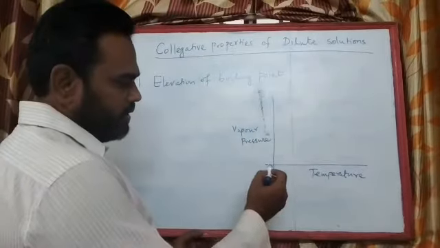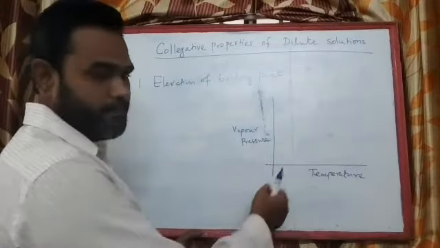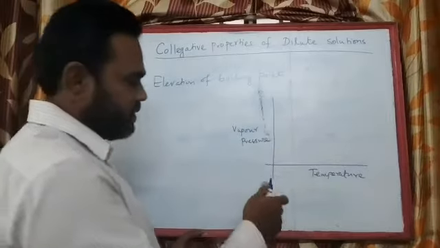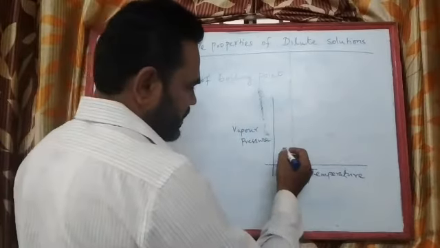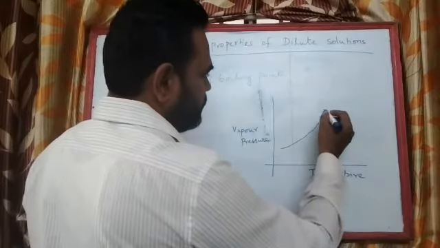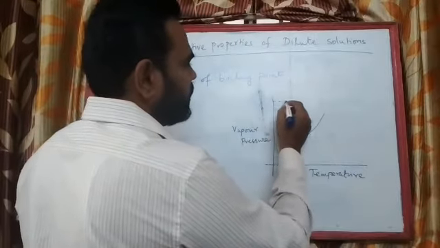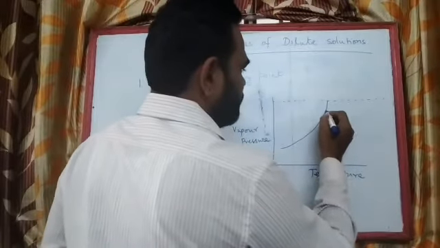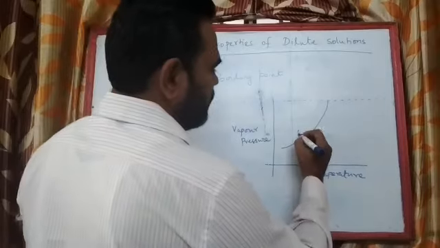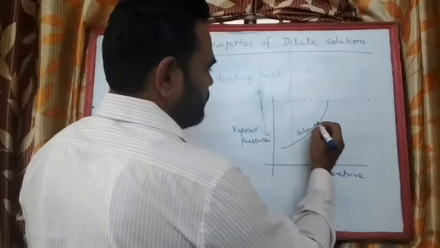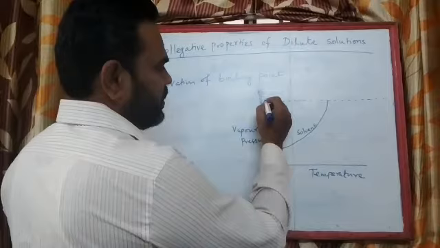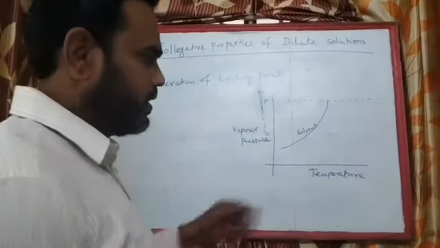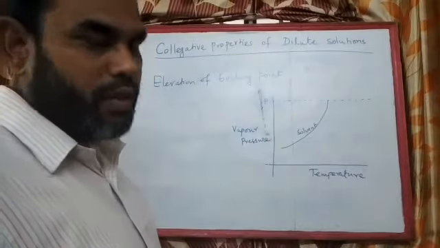Upon boiling, the temperature slowly increases, and the vapor pressure of the liquid also increases. So look at this. This is the curve for a pure solvent. The vapor pressure is noted as P for the solvent.